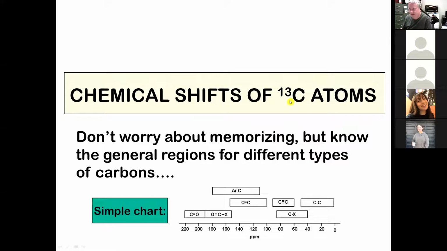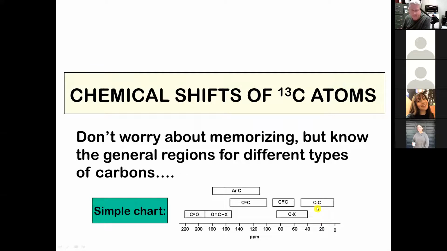We'll see a couple of the example problems in our lecture that use C13. But most of the hard problems you're going to have in the exams are going to be, here's a structure, here's a spectrum, figure out the structure. You can always do that with proton NMR. Okay, but anyway, what's the range? It's about 0 to 200-ish, right? 0 to 220 or something like that.